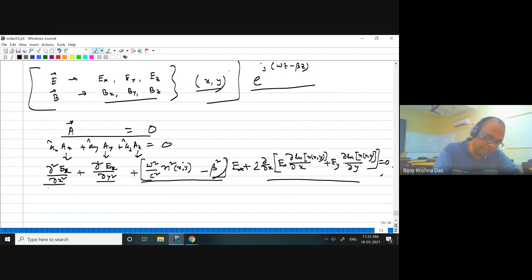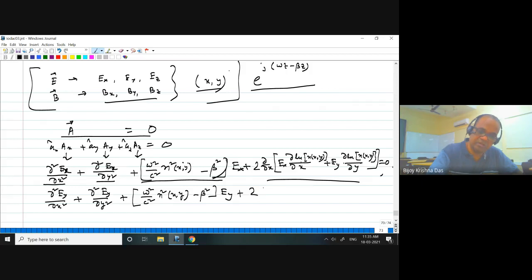So an identical equation you can write for the y component. This is actually the same, but only del y.